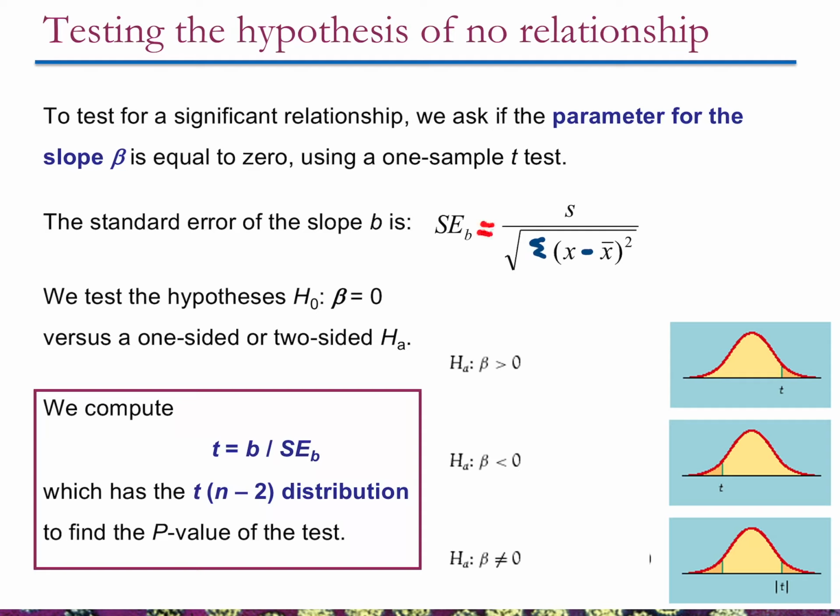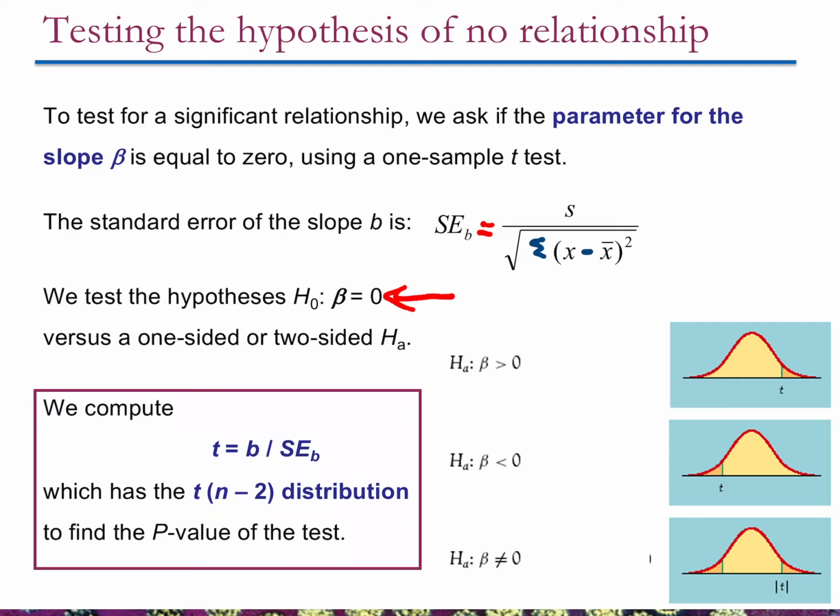Okay, so when we're checking for a significant slope, what we're really doing is asking whether that slope is significantly different from zero. So our null hypothesis here is that our population slope, the slope for the population relationship between our explanatory variable x and our response variable y, is zero.